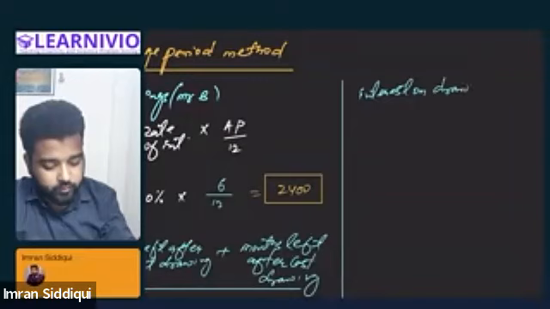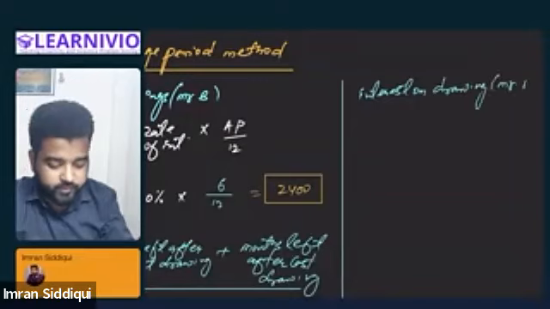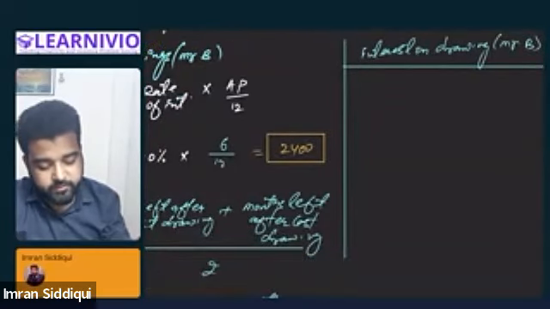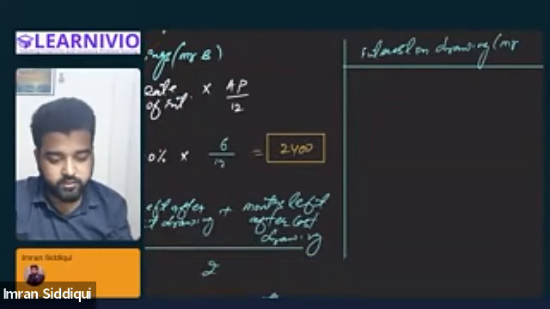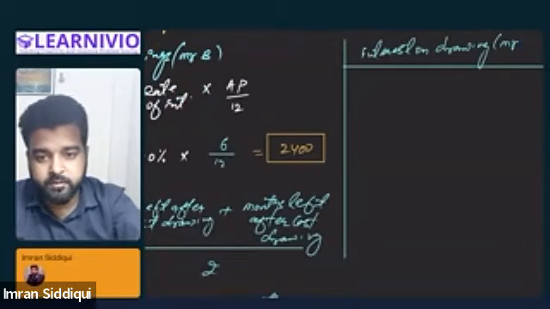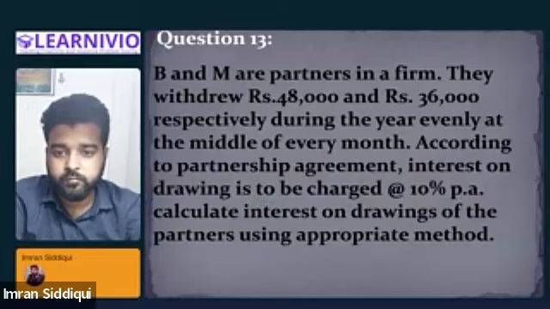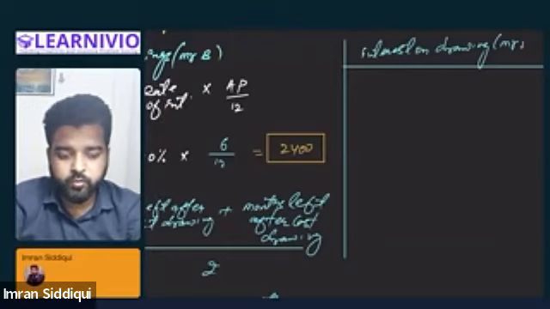Interest on drawing. See, everything will remain same in this question. Only the amount of drawing will change. Because in fact, the average period will also remain same for Mr. M. Mr. M's drawing was 36,000.